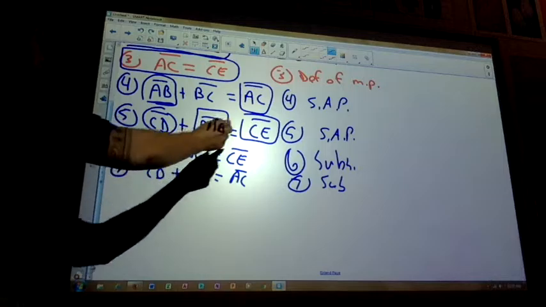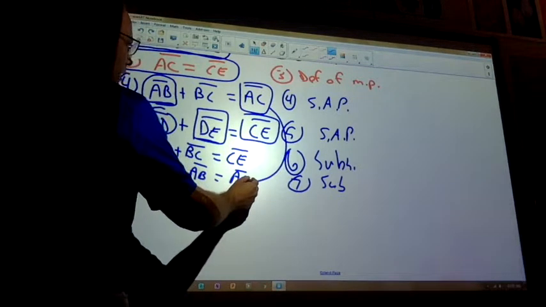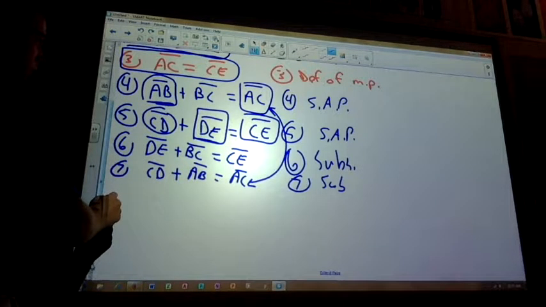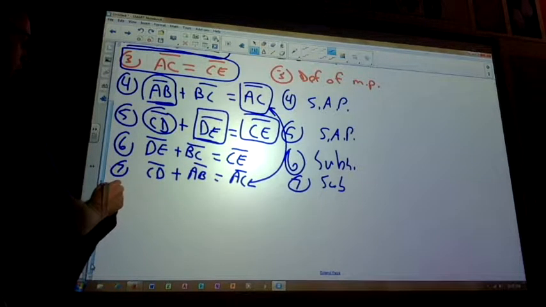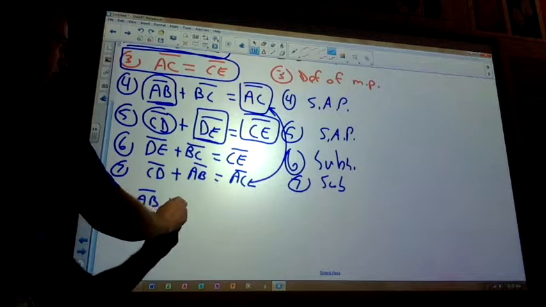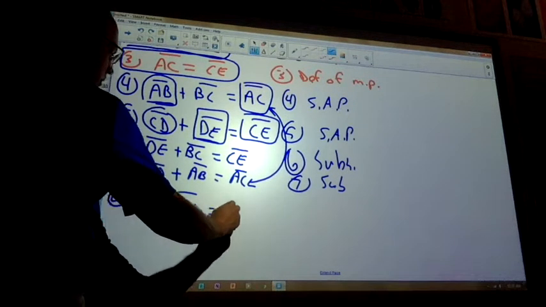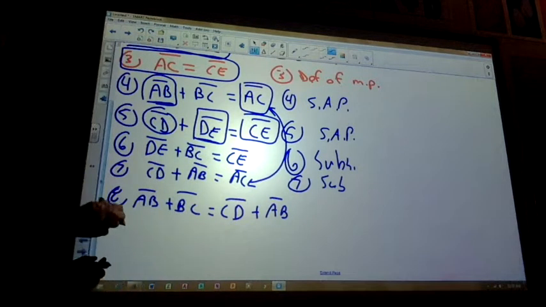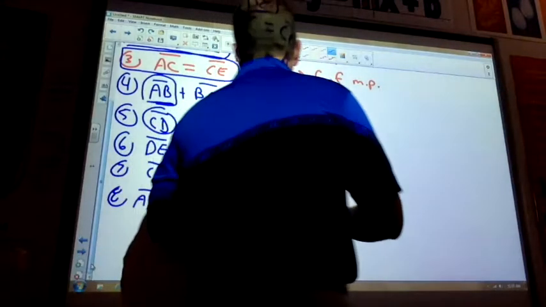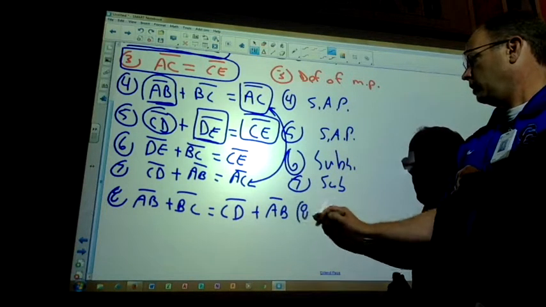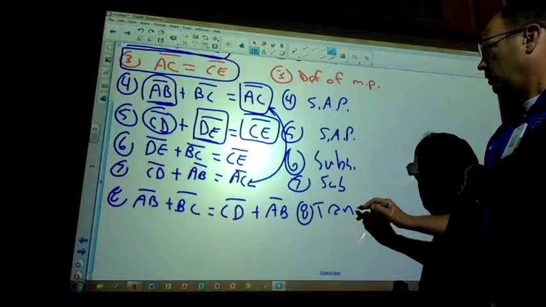Oh, you know what? If we set those equal to each other, is that going to work? Can I do that? Oh yeah, that's transitive, right?